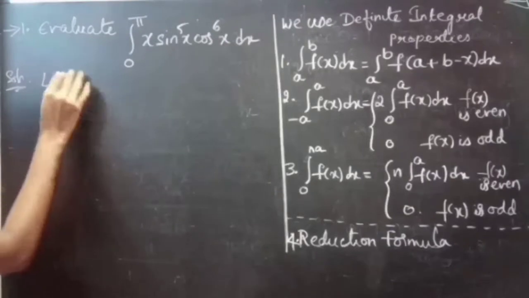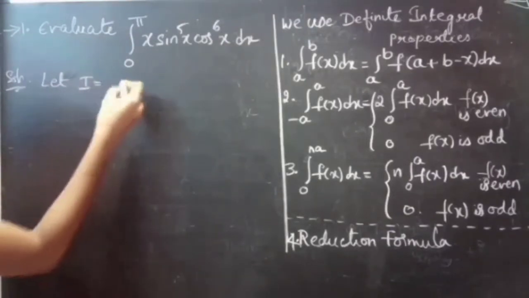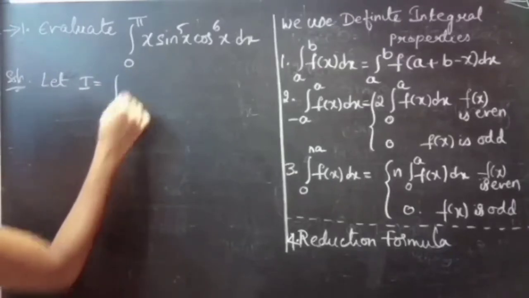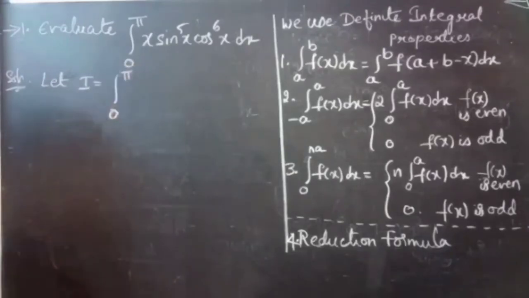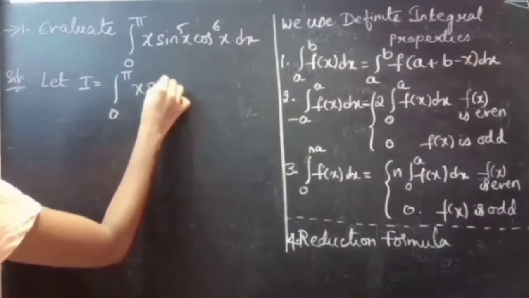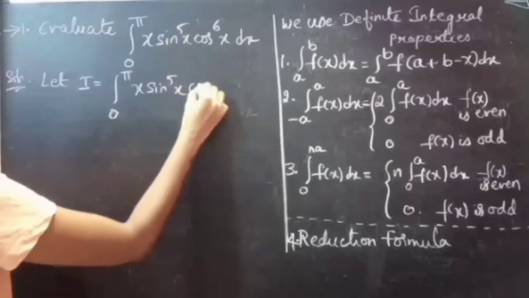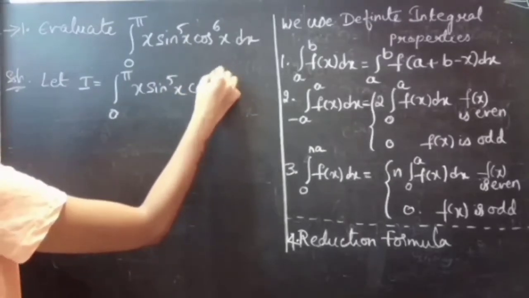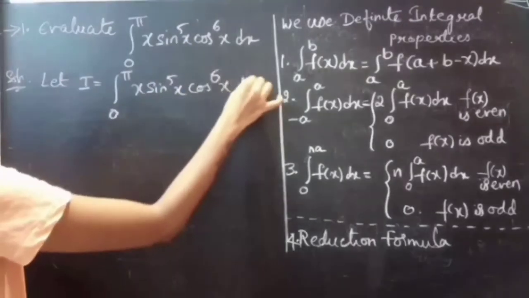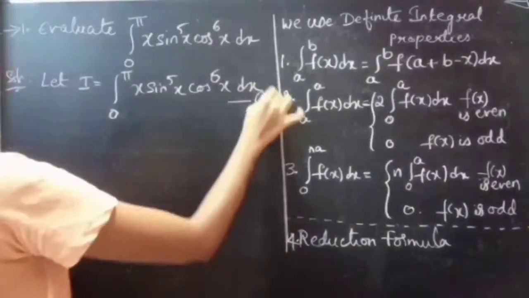Let I equal to the given integration. Integral from 0 to pi, integrand you are having x sine power 5x into cos power 6x into dx. Okay. So consider it as equation 1.